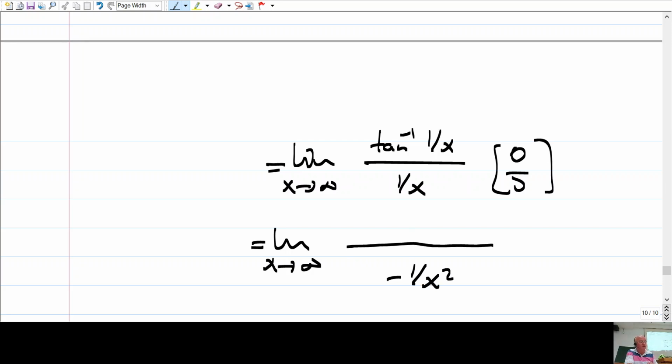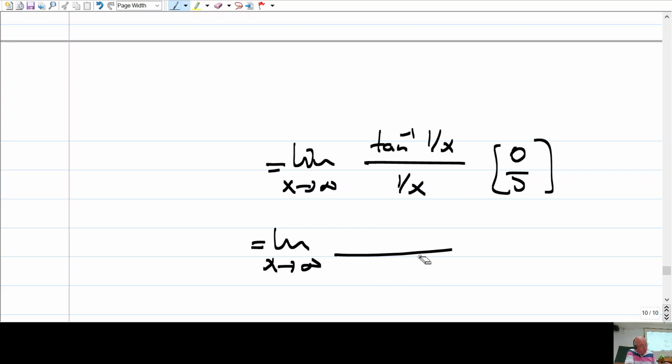Derivative of the numerator is this. Derivative of tangent inverse is 1 over 1 plus the square of the inside, which is 1 over x, times the derivative of the inside, which is minus 1 over x squared. Let me do it in two steps.